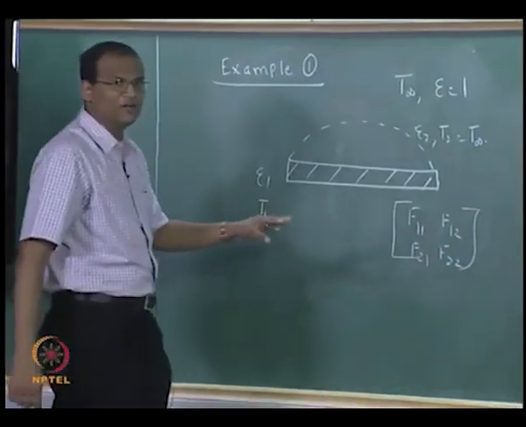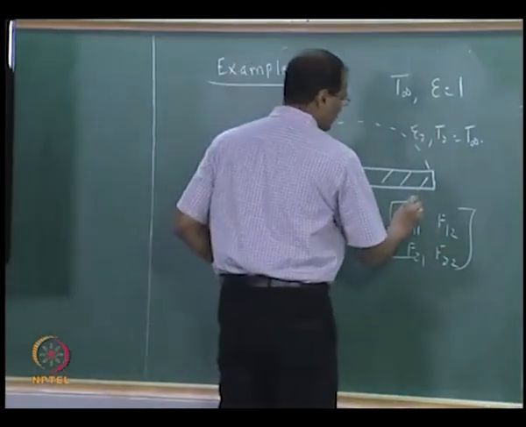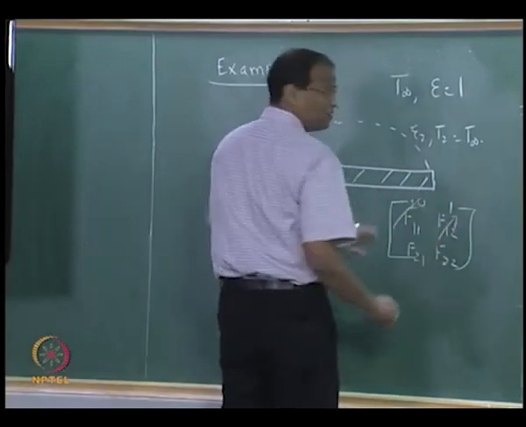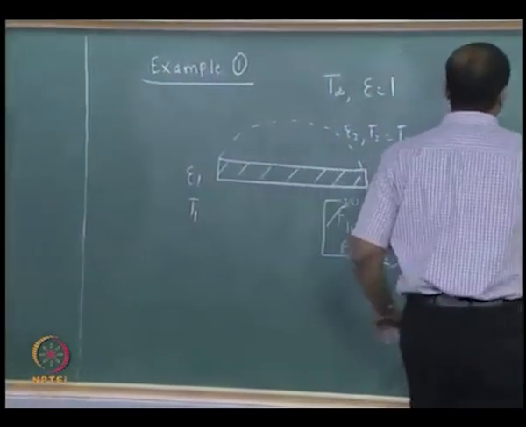There is no need to determine all these view factors. What is F11? 0. F12 is 1. We can stay like this because I will tell you why it is enough to stay like this.